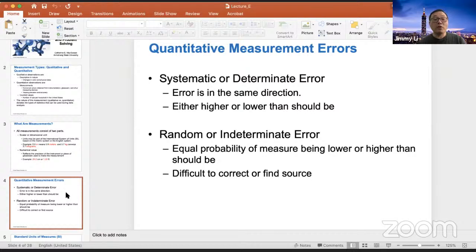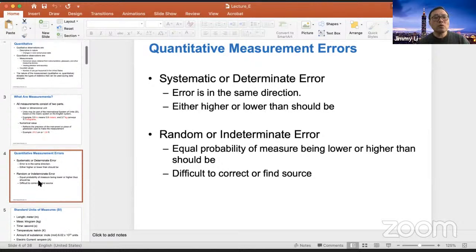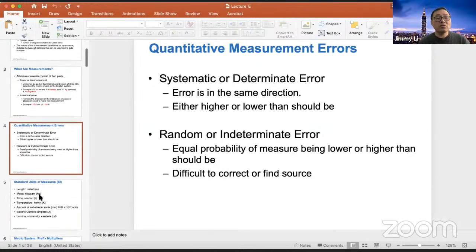Whenever we have an error, we have something we call systematic error versus random error. The systematic error is something you are able to identify. The random error is very, very difficult to identify the source of. Okay.